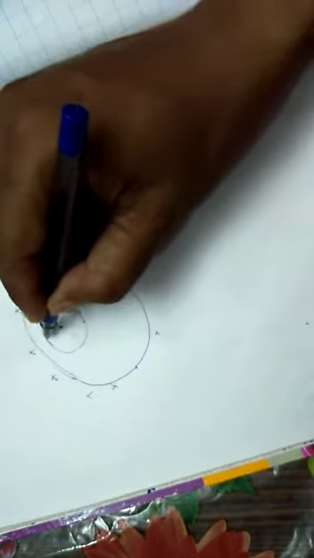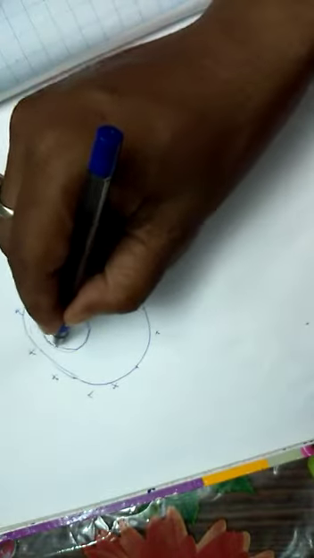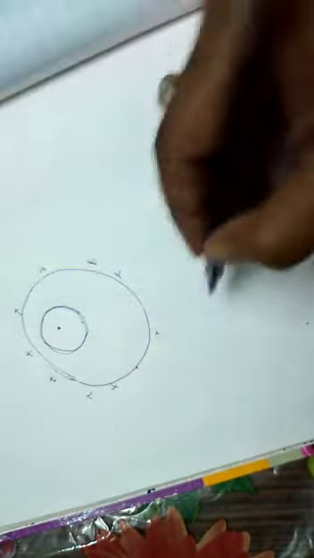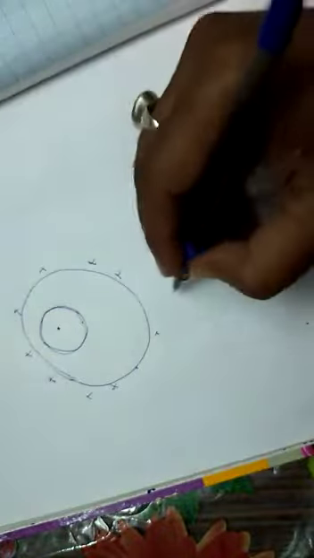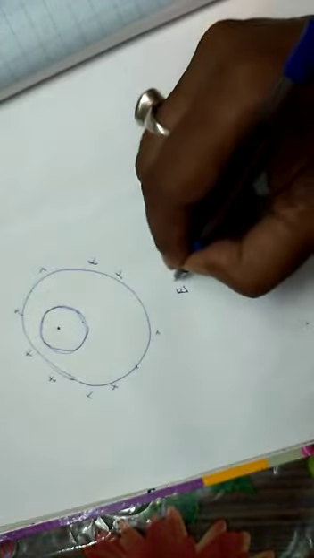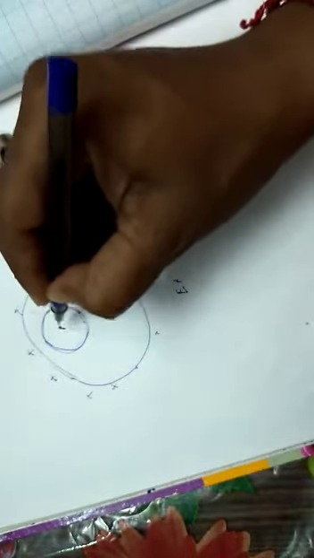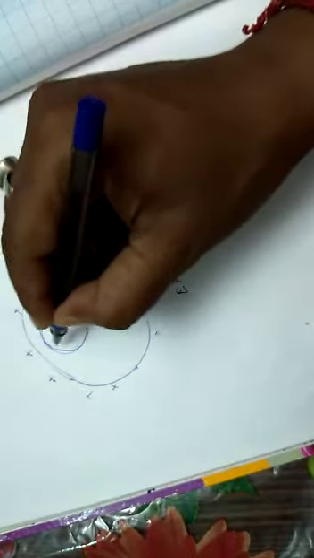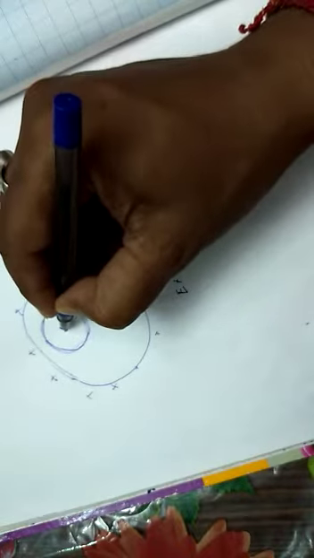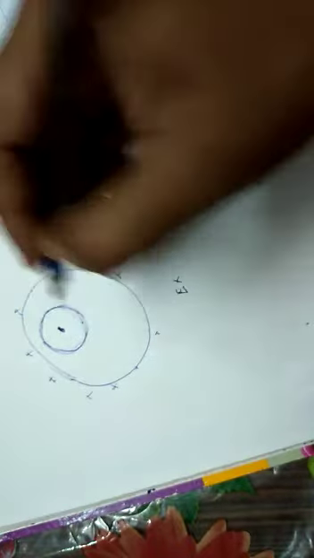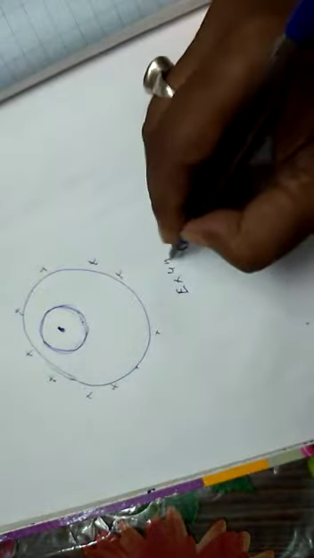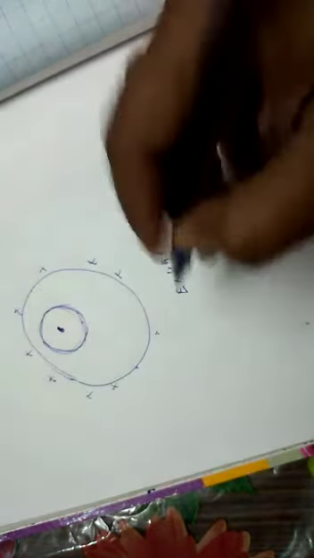Since there is no charge inside this Gaussian sphere, from Gauss's law, E into the area of this sphere, let this be the charge inside at the center of this Gaussian sphere. E into area, that is E into 4 pi r square, is equal to q by epsilon naught.